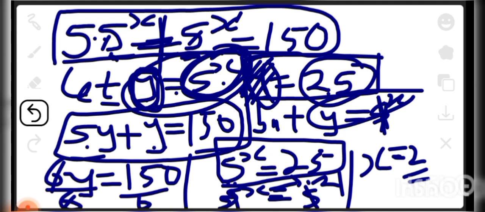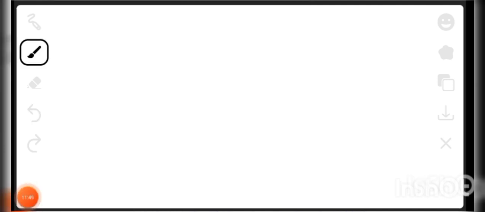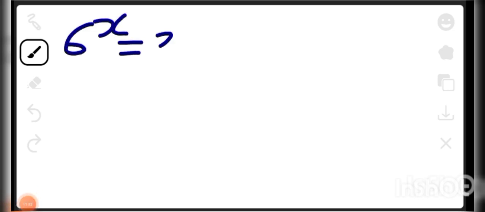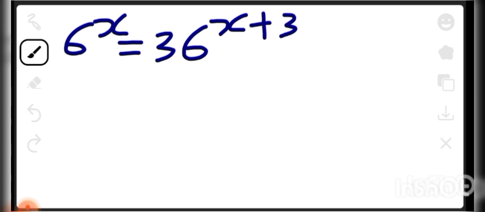Let's get the last one now. We have 6 raised to the power x is equal to 36 raised to the power x plus 3. That's what I have in here. So what are we going to do now? We are going to do something very lovely.